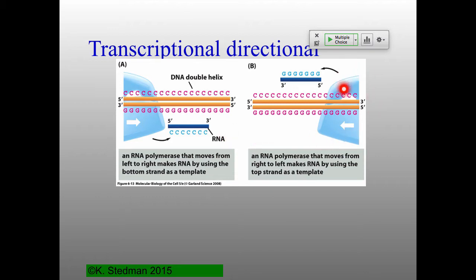If, however, your promoter sequence is over here, the polymerase is going to transcribe this exactly the same sequence, same DNA, but if the polymerase is going this way, you're going to make one sequence. If it's going that way, you're going to make another sequence.